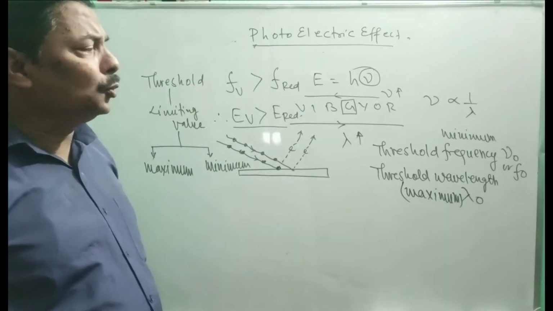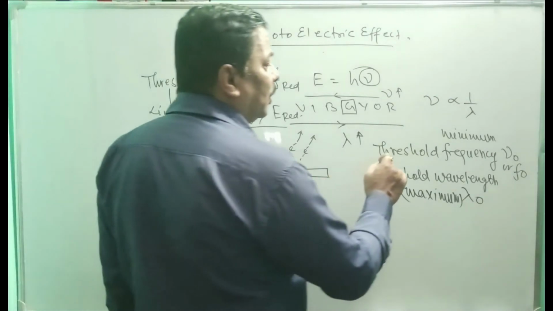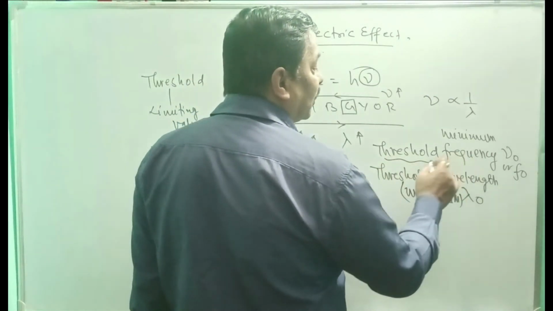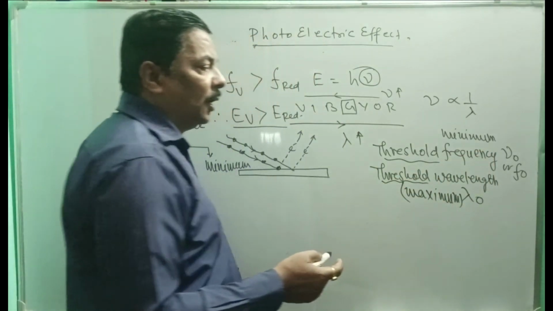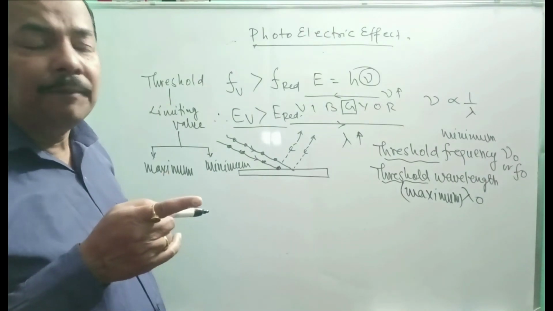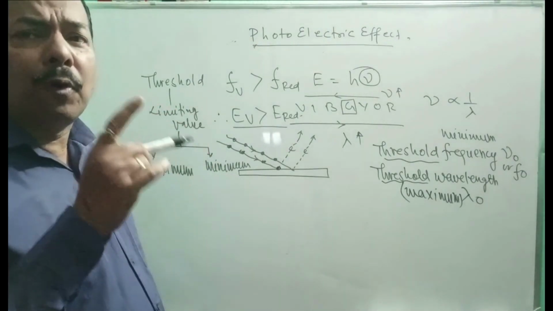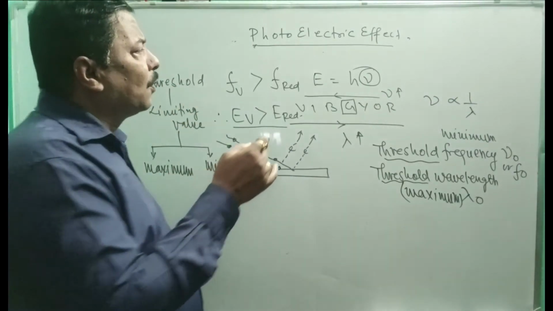So two terms need to be understood very carefully: threshold frequency and threshold wavelength. Threshold wavelength is the maximum value of wavelength. That means for the photoelectric effect to take place, what is required?